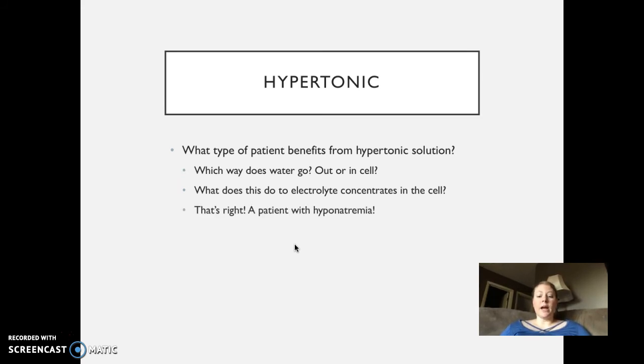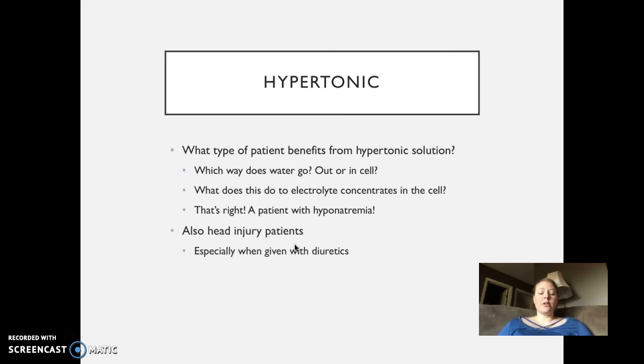That's right, a patient with hyponatremia. I might have said this wrong in the slide before, and I apologize. It is a hyponatremic patient. We want to give them an increased amount of electrolytes so we can move the sodium appropriately so the patient normalizes their balances.